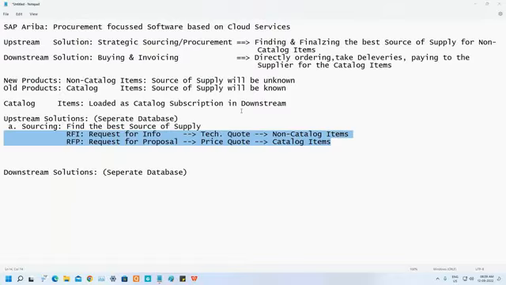Now, what do you think, guys? What I have said over here, is it correct? For RFI and RFP, whatever I have said, is it correct or wrong? See, technical quotation for RFI and price quotation for RFP is correct, but for non-catalog items we will do RFI and for catalog items we will do RFP. Is this generalization correct?